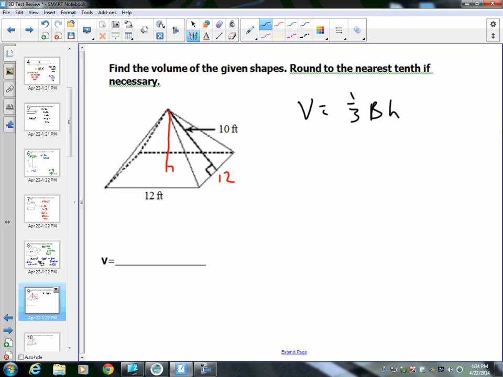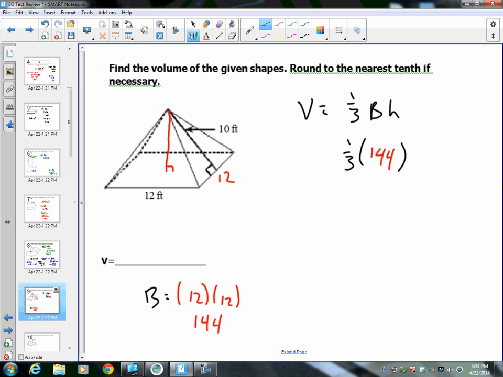So we're going to start plugging some stuff in. We get 1/3 big B. Big B is area of the base. Since we just said the base is a square, we would say 12 times 12. 12 times 12 is 144, so we can plug that in. Then we're going to use the height, but we don't know the height, so we need to find it.